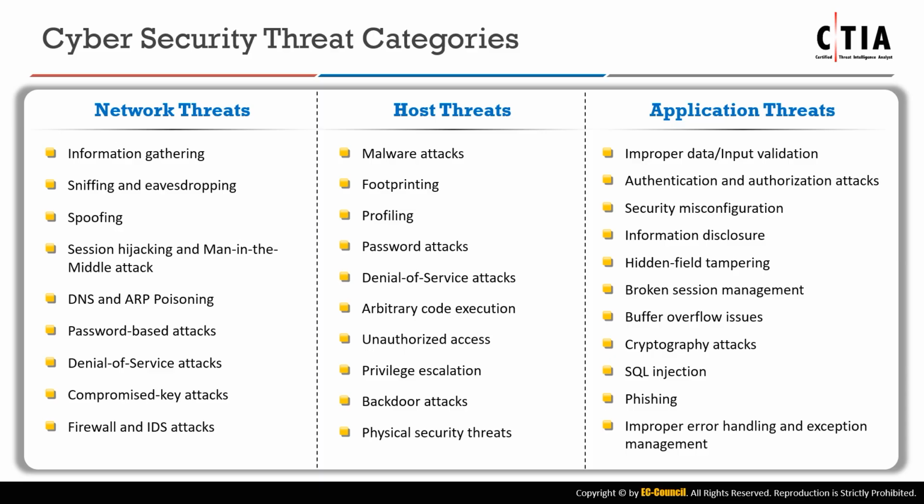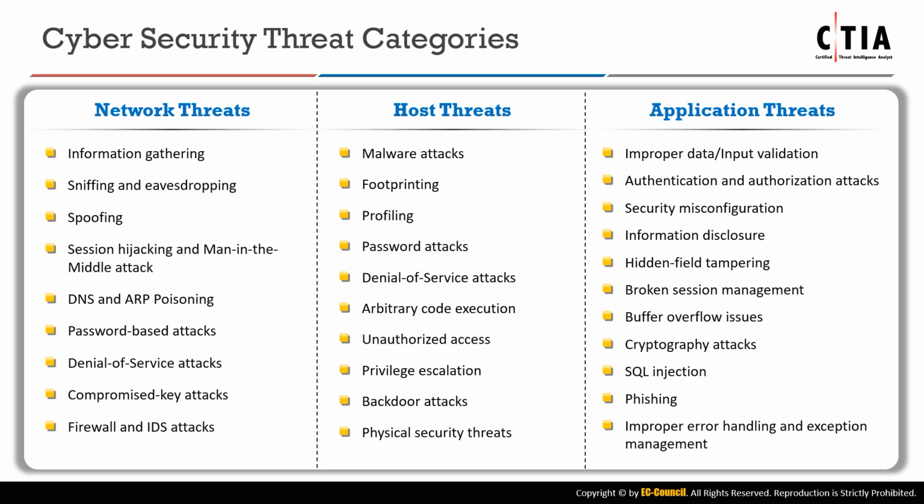And with that spear phishing attack, we send malware, and that malware has a specific purpose. We have footprinting to try to get the lay of the land of the host and find out what ports are open, what is behind those ports, and profiling to find out what types of machine, what type of software, what types of services or daemons are running on that host.